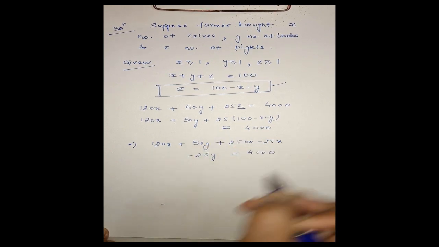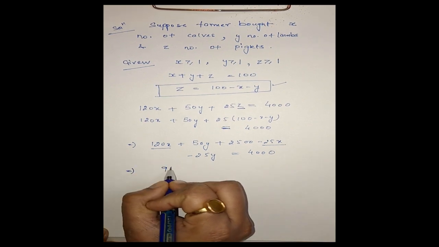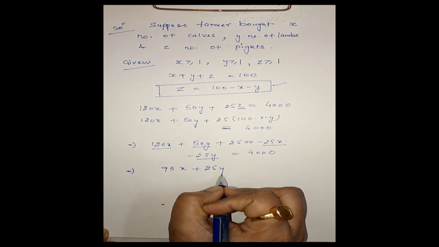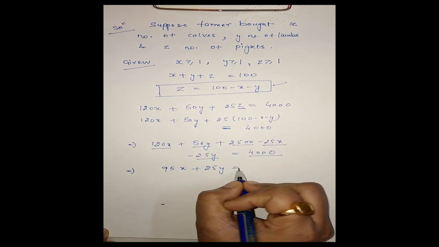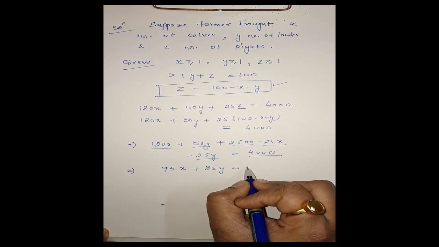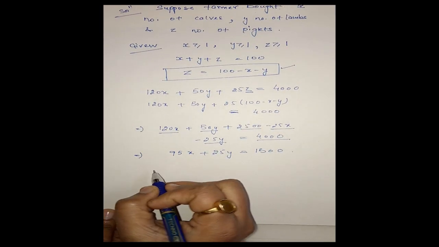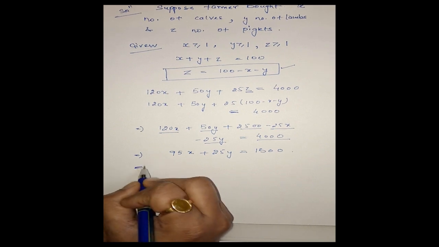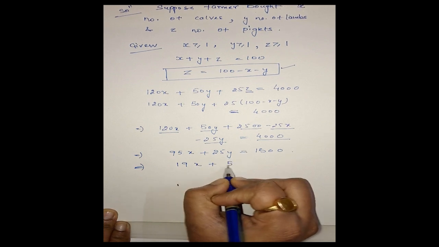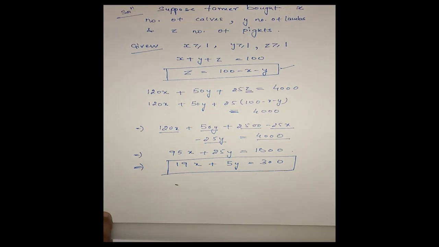Now 120X minus 25X will give us 95X, 50Y minus 25Y will give us 25Y, and 4,000 minus 2,500 will be 1,500. Clear? Now on dividing by 5, I can simplify this as 19X plus 5Y is equal to 300.